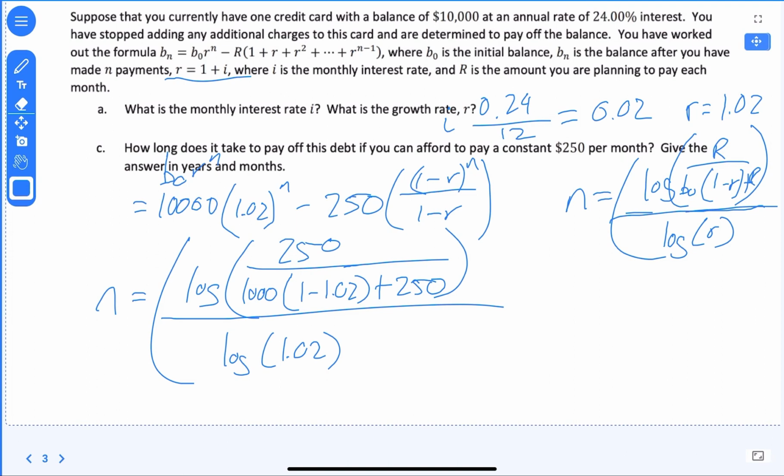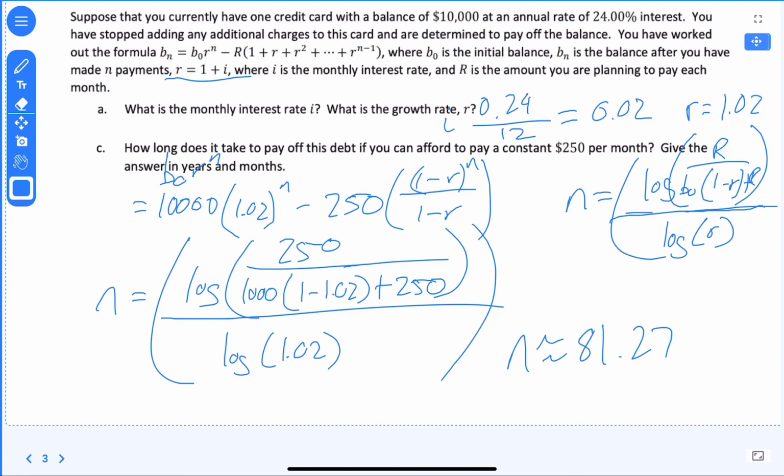It should be about 87 months. Oh, not 87, about 81.27.